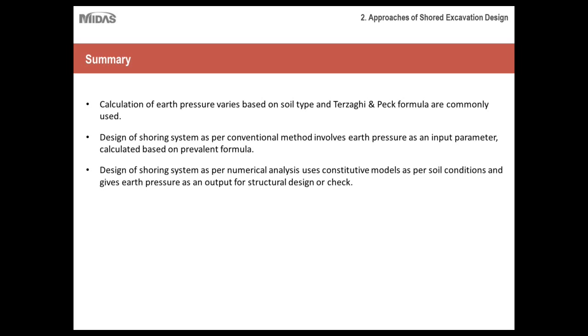Design of shoring system as per numerical analysis uses constitutive material models as per soil conditions and gives earth pressure as an output for structural design or check of the shoring system.